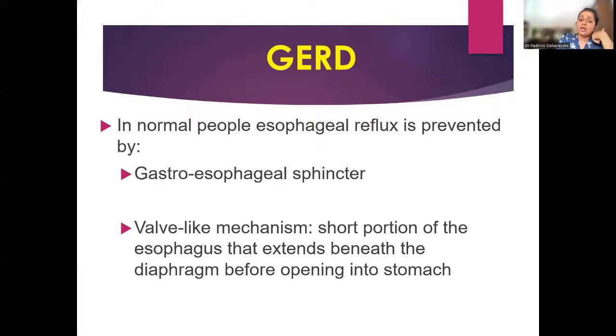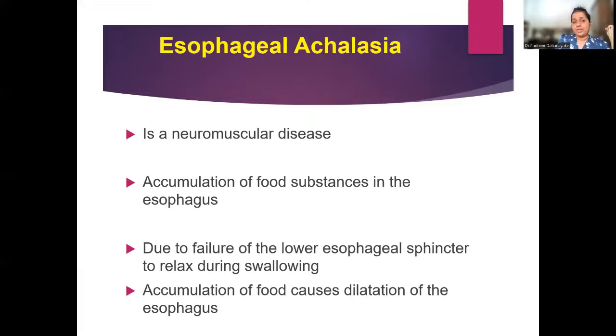Usually a small portion of the esophagus extends beneath the diaphragm before the opening into the stomach, and it acts as a valve. Again, it prevents contents going back into the esophagus. But if these mechanisms fail, somehow you will experience GERD.